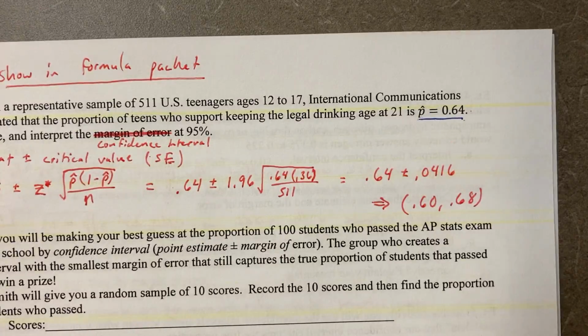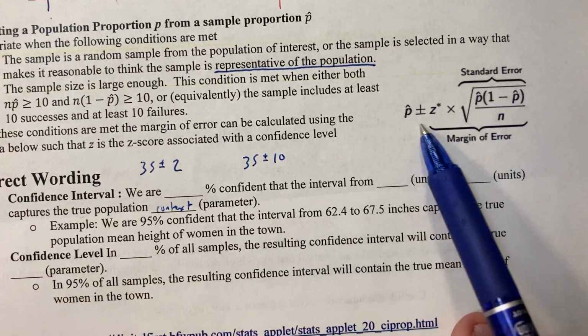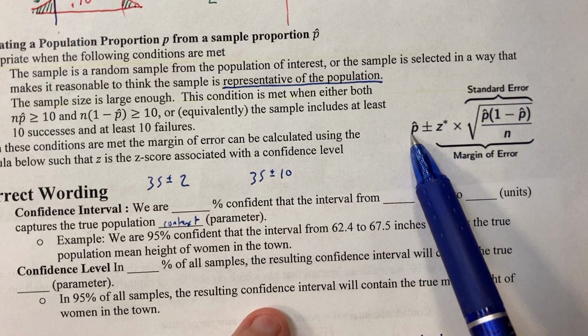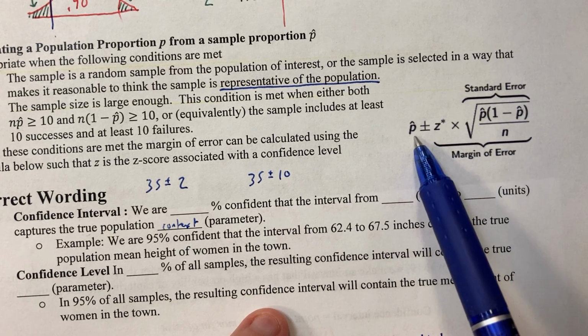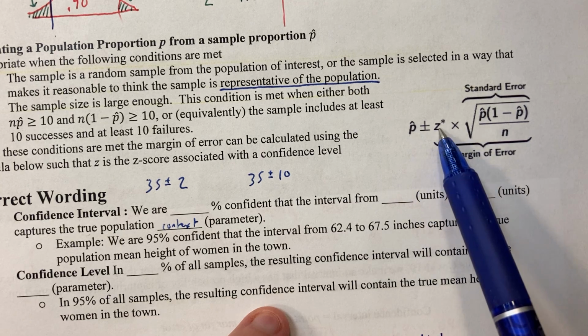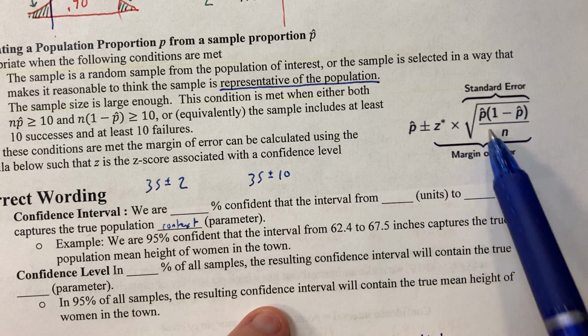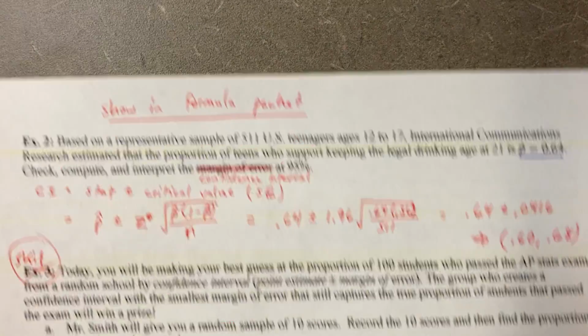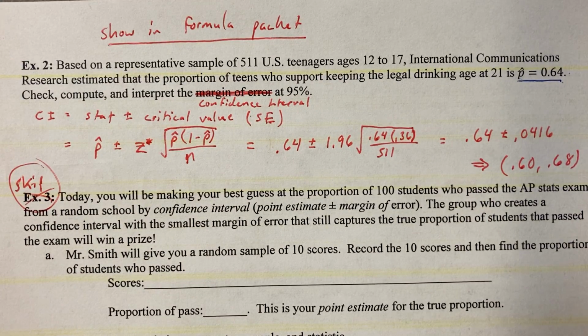Back to right here, this is the point estimate, sample, z-score, standard error of a statistic. That is what we're going to use to make a confidence interval.